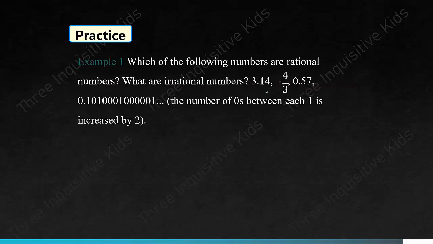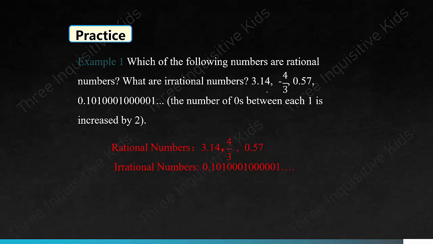Now we're going to dive into some practice. Example 1. Which of the following numbers are rational numbers? What are irrational numbers? 3.14, negative 4/3, 0.57, and 0.101, then 3 zeros, 1, and then 5 zeros, 1. So the rational numbers are 3.14, negative 4/3, and 0.57. This first number, 3.14, is not pi.